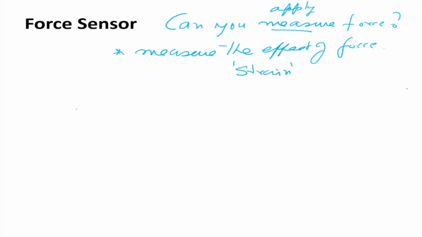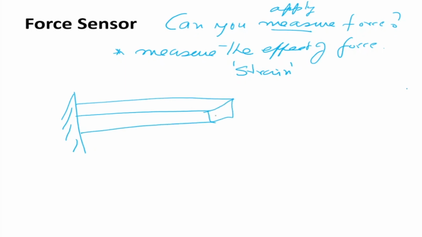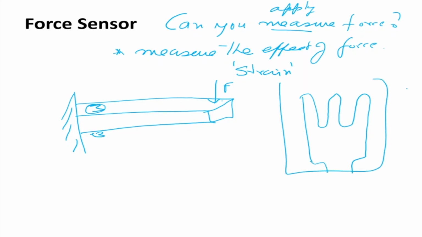So how a force is measured is, if you look at this cantilever beam, we put a strain gauge here, one on top and one on the bottom side. If I put a force here, there will be a strain in the strain gauge. This is the internal strain gauge, the very thin wires in it.